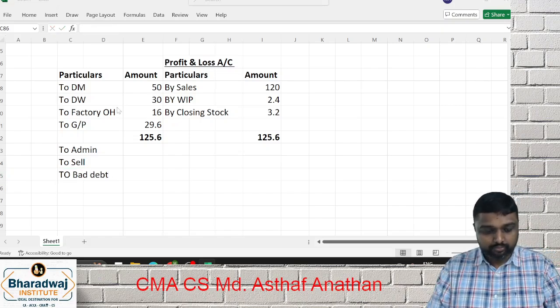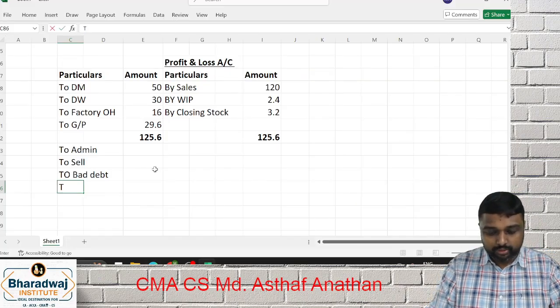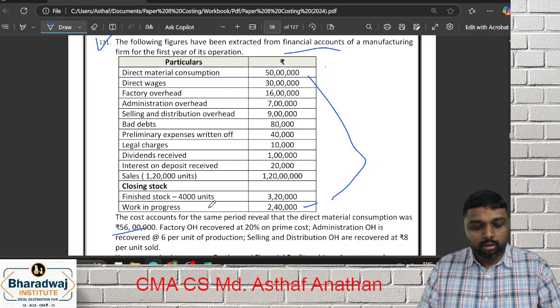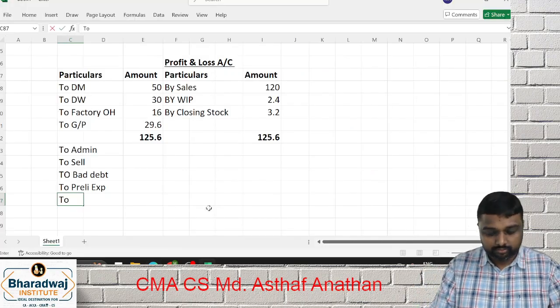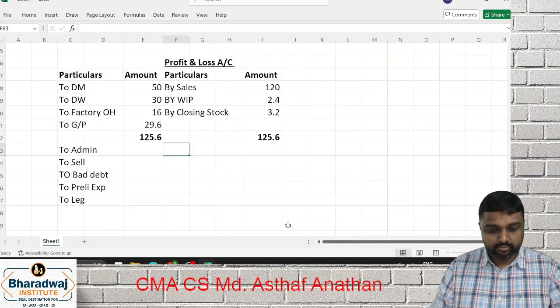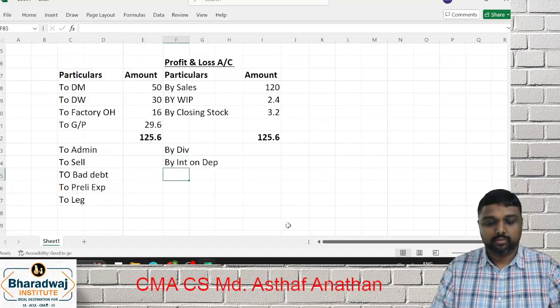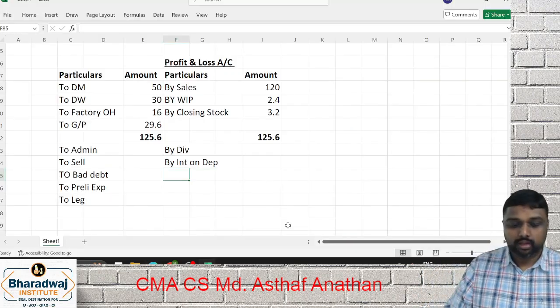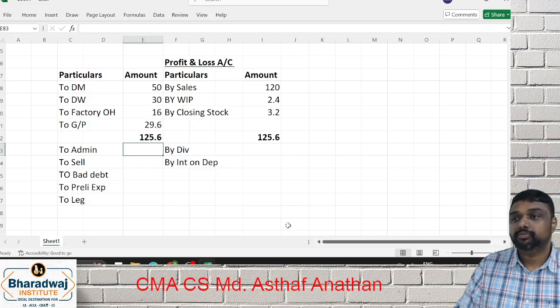Bad debt, preliminary expense written off, legal charges, dividend received, interest on deposits. Next, that's all. So can anyone tell me what is the admin amount?